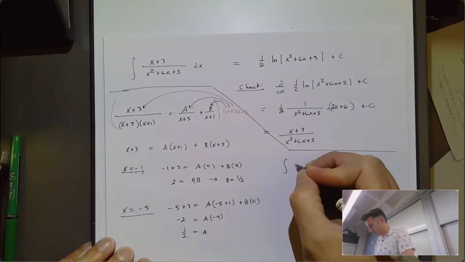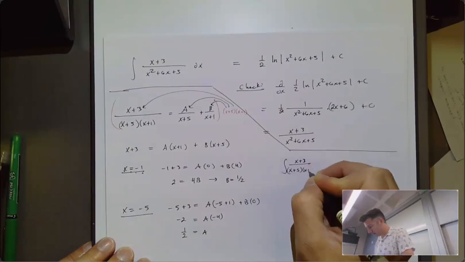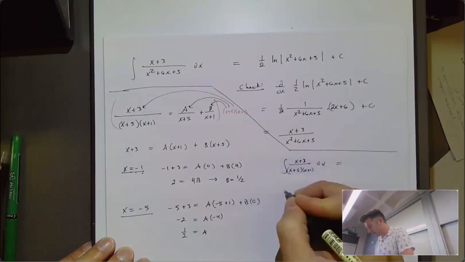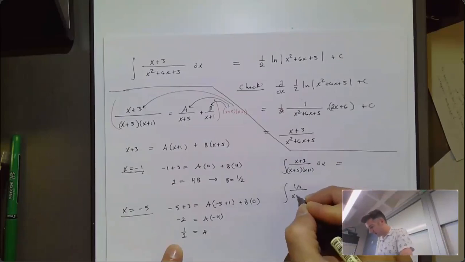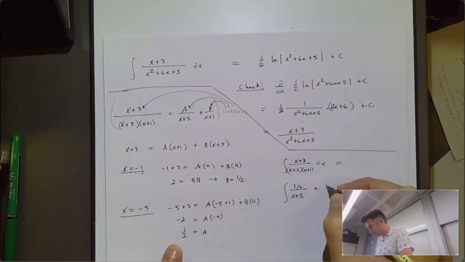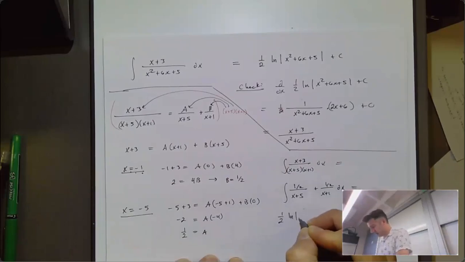The integral of x plus 3 over x plus 5 times x plus 1 is going to equal the integral of a, so 1/2 over x plus 5, plus b, 1/2 over x plus 1. And then we know how to integrate these things. It's going to equal 1/2 times the natural log of the absolute value of x plus 5 plus 1/2 times the natural log of the absolute value of x plus 1.